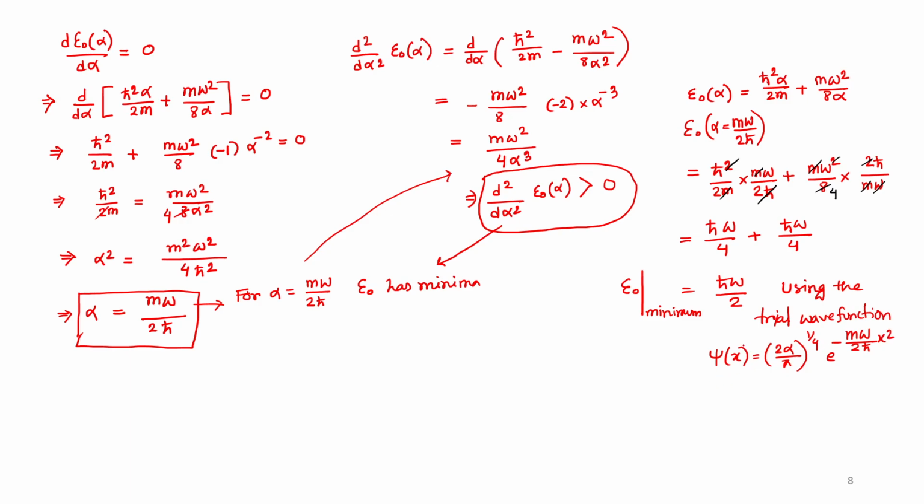So these are the trial wave functions we have taken, and that's why we are also getting the actual value. The upper limit theorem tells us that from there we can get either the actual value or greater than that. So here we are getting the actual value of the ground state. You can see, this is actually your ground state wave function that we are getting.